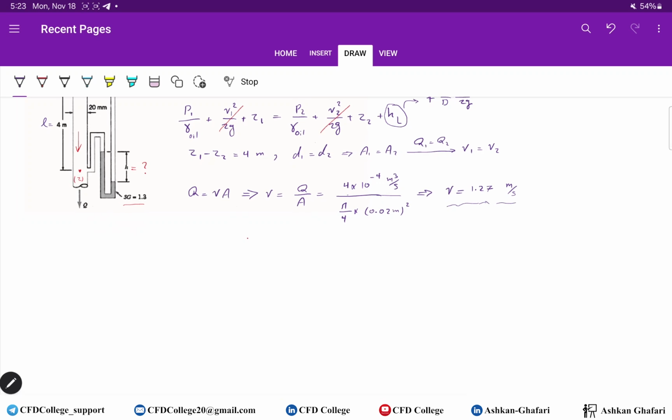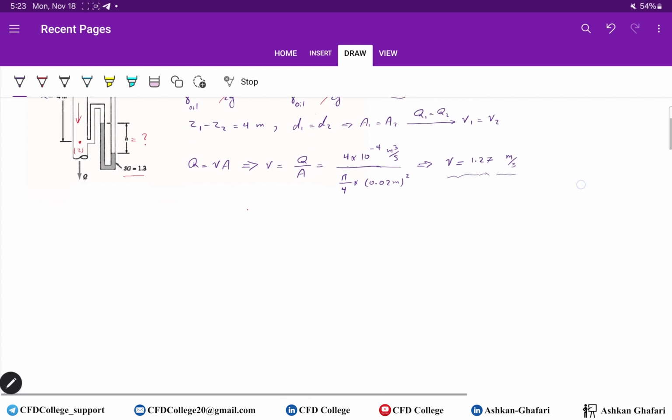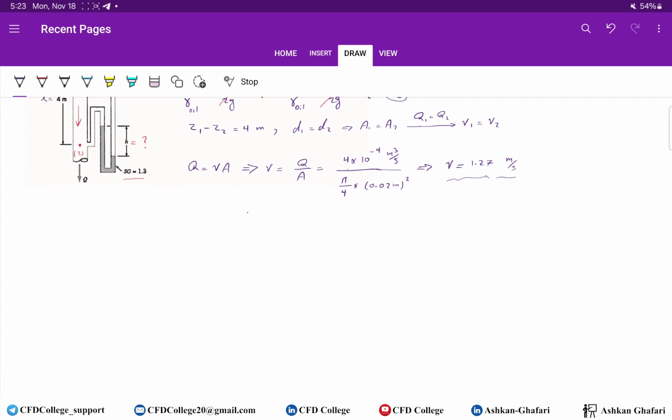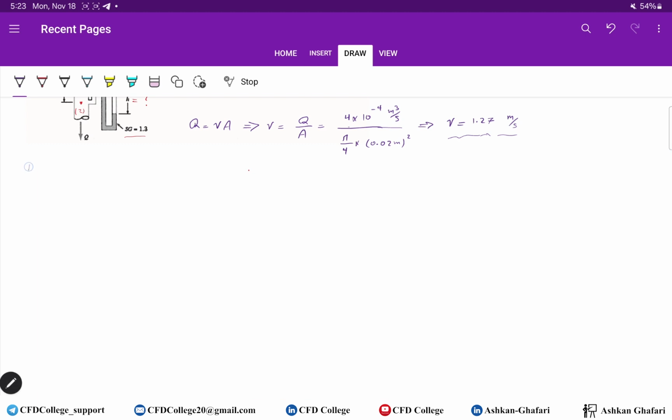Now to find f, the friction coefficient, we should check whether we have laminar flow or turbulent flow. So we have to calculate the Reynolds number. Reynolds number equals V D over nu.